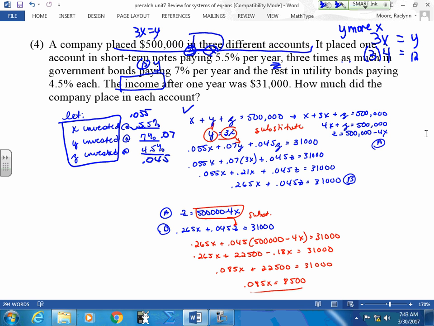That's what I usually do. You can do elimination as well, whatever works for you. The hard part about this one is all the zeros. They're high numbers. The zeros are annoying because if you miss one zero in your calculator, you're off. So always count the number of zeros that you have.